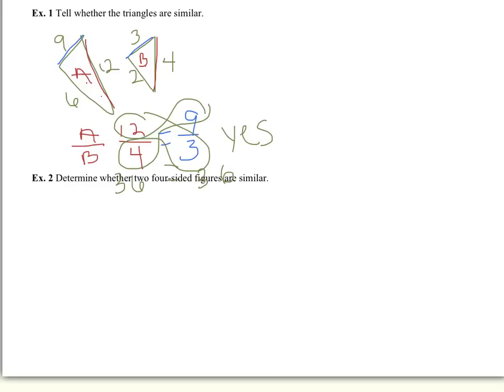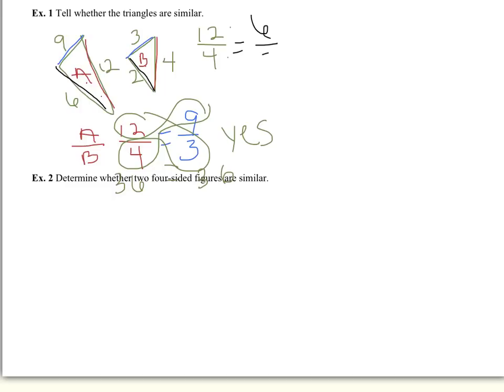I'm also going to check the shortest side. I just want to double check that everything is proportional. So again, I'm comparing the longest side to the longest side of triangle B, and I'm also going to compare the shortest side. The shortest side on this triangle is 6, and the shortest side on that triangle is 2.